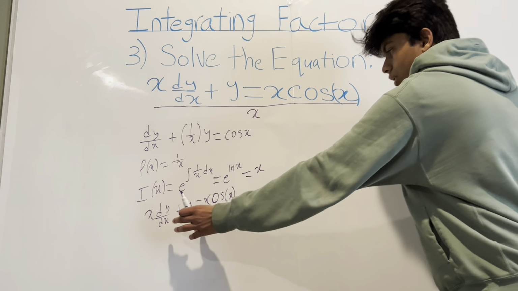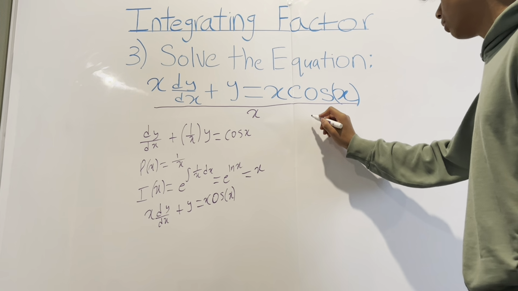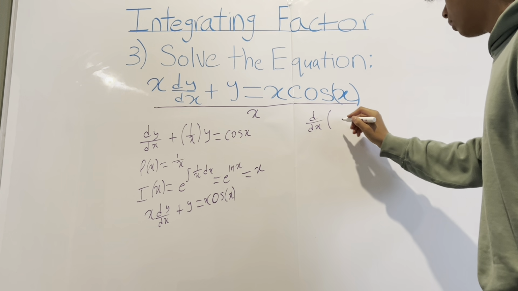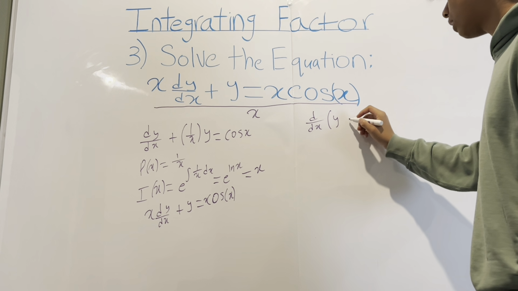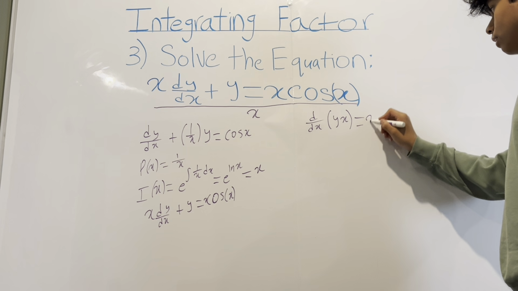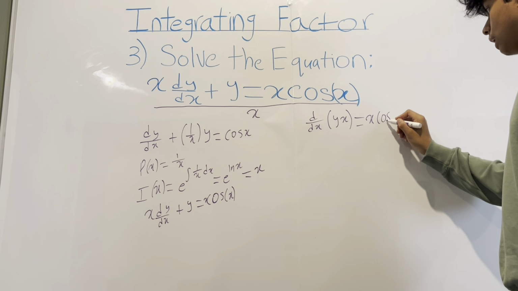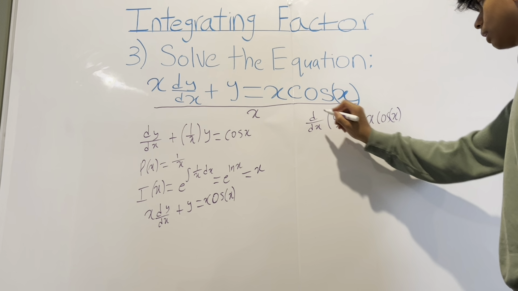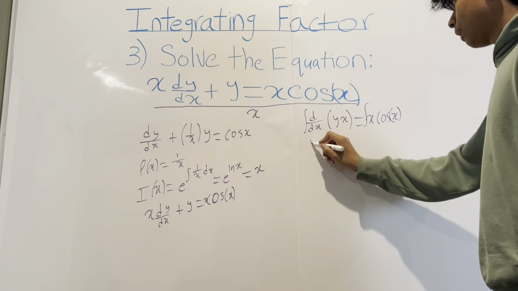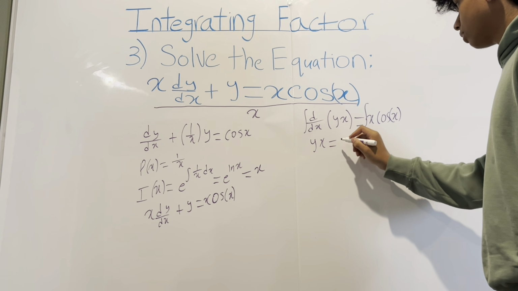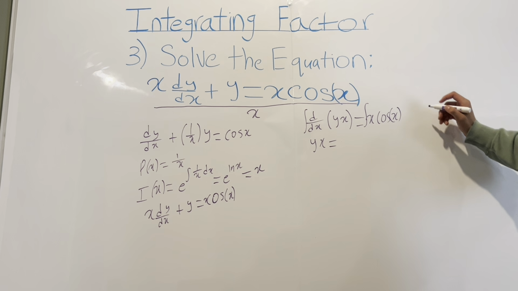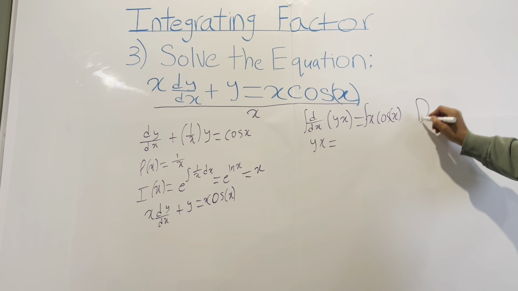The left hand side is going to be the derivative of y times the integrating factor, which is just x, and then the right side is x cosine x, and we're going to integrate both sides. So this is going to be yx is equal to, this is integration by parts, so let's do it over here, let's use the table method.